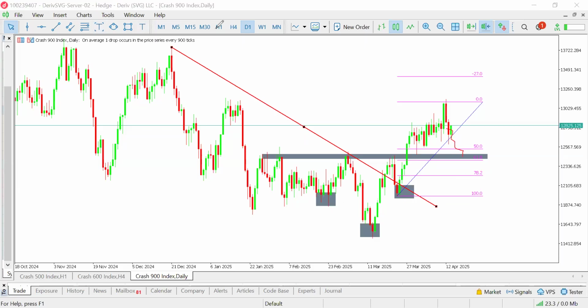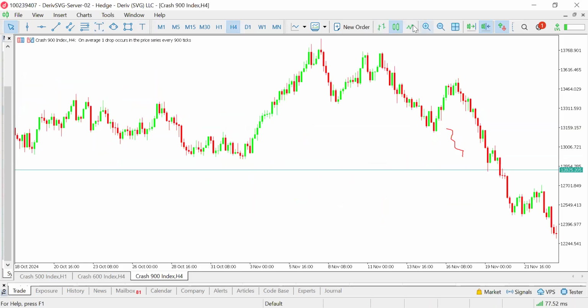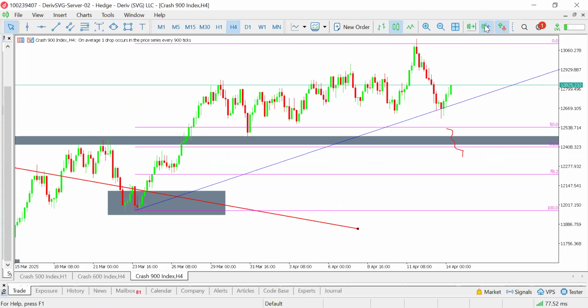And once it does that, what will I do? I'll go to the H4 time frame. Once I get to the H4 time frame, I will look for a change of trend, or I input a counter trend line. Once that counter trend line is broken, then I'll take my trade.